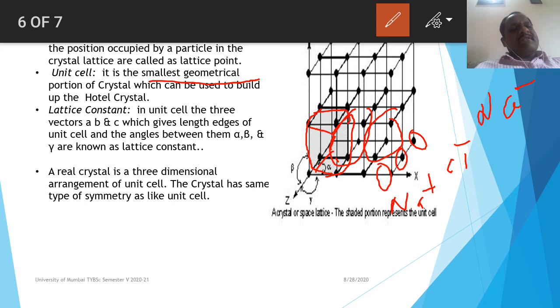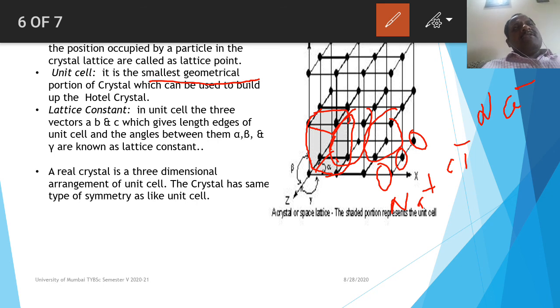I will tell you one example. If I have a big piece of sodium chloride, a salt, and you divide it into smaller sizes, you will get sodium chloride crystals of small size.